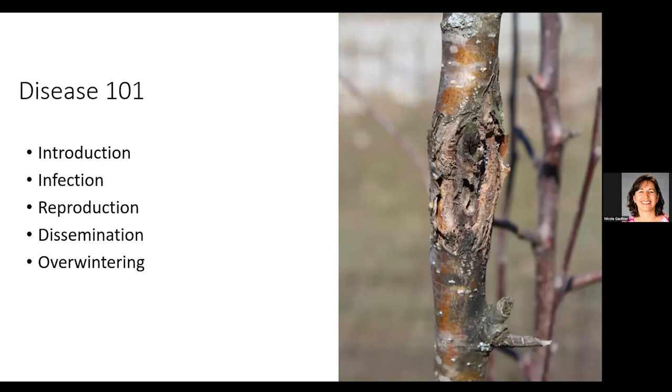And at the end of it all, at the end of our season, remember we're in Kentucky, we have winter, is overwintering. And some of our pathogens are more cool season, so they'll over summer when it gets really hot and dry. But it's a survival stage. It's a pause in the life cycle of a pathogen where it will survive and wait for the next crop.